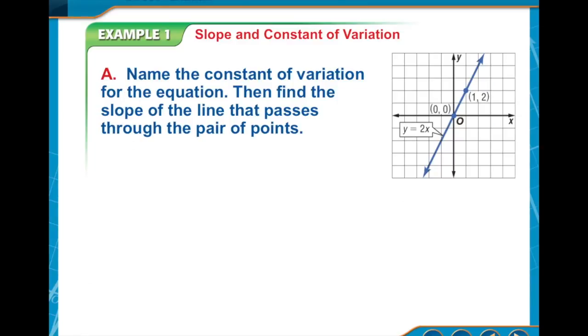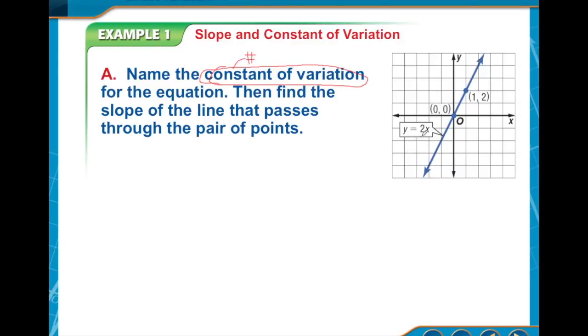So first thing here in our instructions, it asks us to name this constant of variation thing. What does this mean? Constant of variation. Well, we know constant means just some number, right? So the constant of variation, where in our equation do we see just some number?